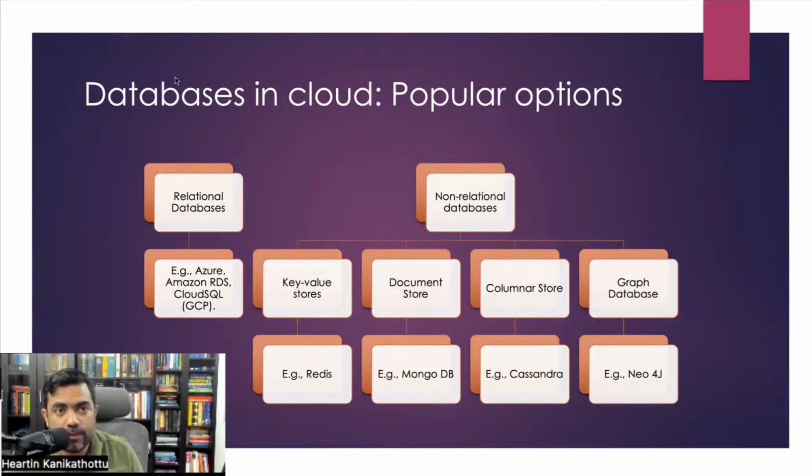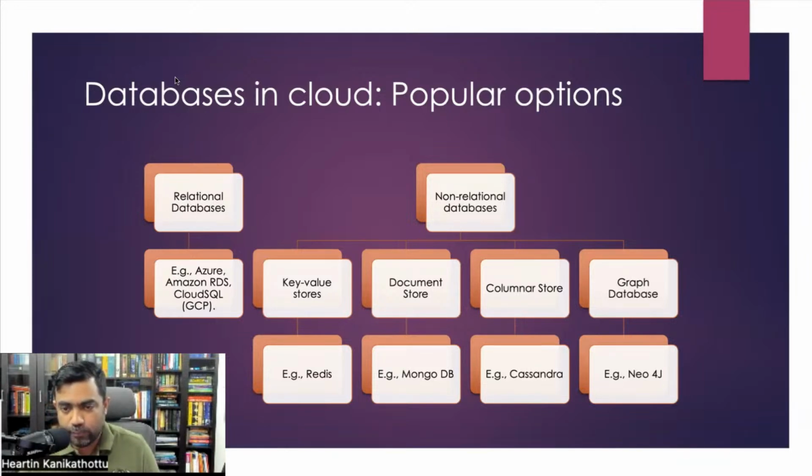You may not have to learn all of these for your Azure Cloud or AWS Cloud fundamentals or associate level certifications. But the more you go towards an architect role, you will need to learn all of these and what options are available to you. Because as architects, whenever you get a database problem, first you will need to decide whether to go with a relational database or a non-relational database.